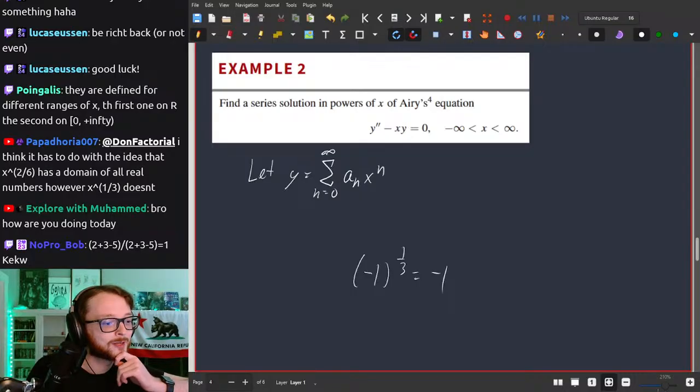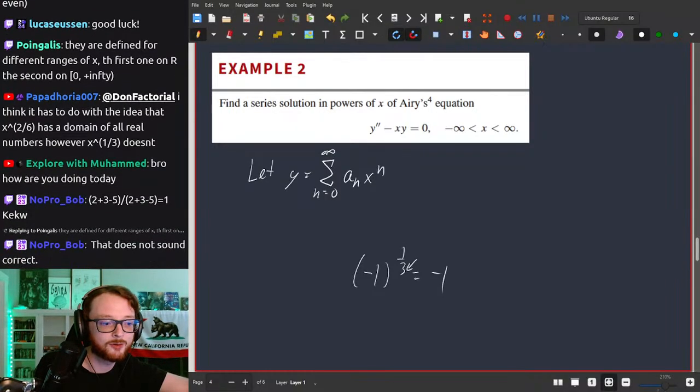They're defined for different ranges of x. The first one on R, the second one on 0 to plus infinity. Really? Are fractional exponents only defined for positive numbers? I thought you only had a problem with even denominators, but I thought odd denominators are fine.